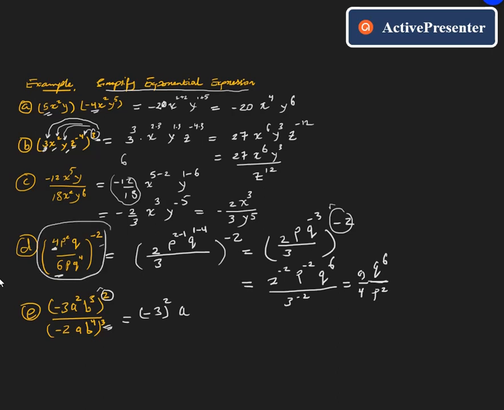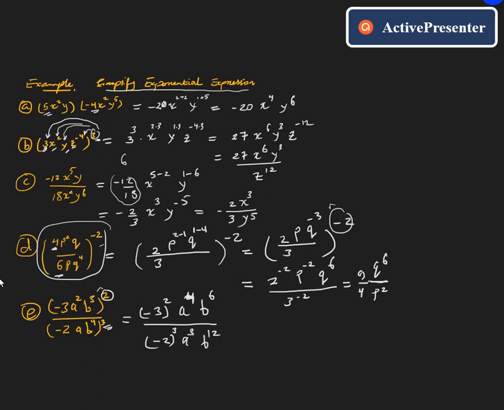We cannot simplify. So a square multiplied in 2 should be 4. b cube multiplied in 2 should be b to the power 6 over minus 2 now to the power 3 a to the power 3 b to the power 12.